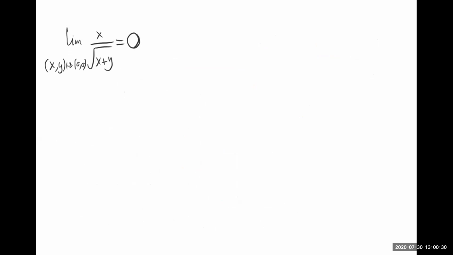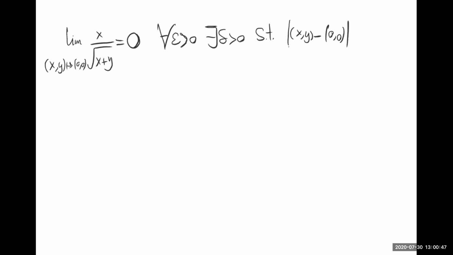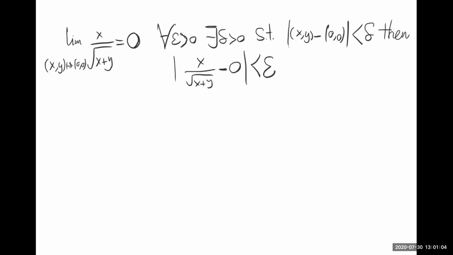It means for every positive epsilon, there exists a positive delta such that if I take any point x and y whose distance from 0 and 0 is less than delta, then the absolute value of the function at x and y, which is x over square root of x plus y, minus L, here the limit, which is 0, is less than epsilon. So the key is to find this positive delta, this number delta, okay?